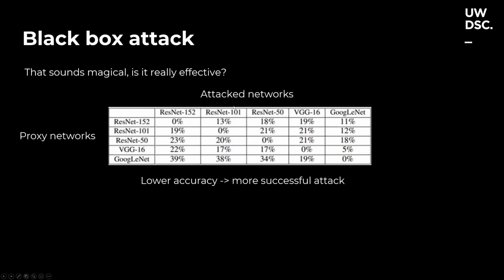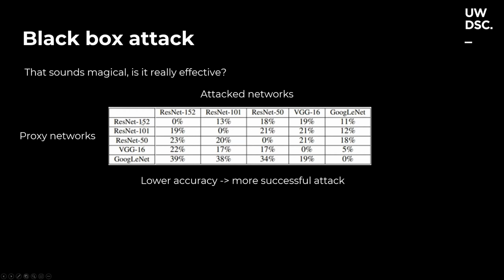So is it really effective? We have a chart for that. The x-axis would be the attack networks, and the columns would be proxy networks. So what does this mean? A network with lower accuracy would result in a more successful attack. If you can see the diagonal vector, it's all zeros.